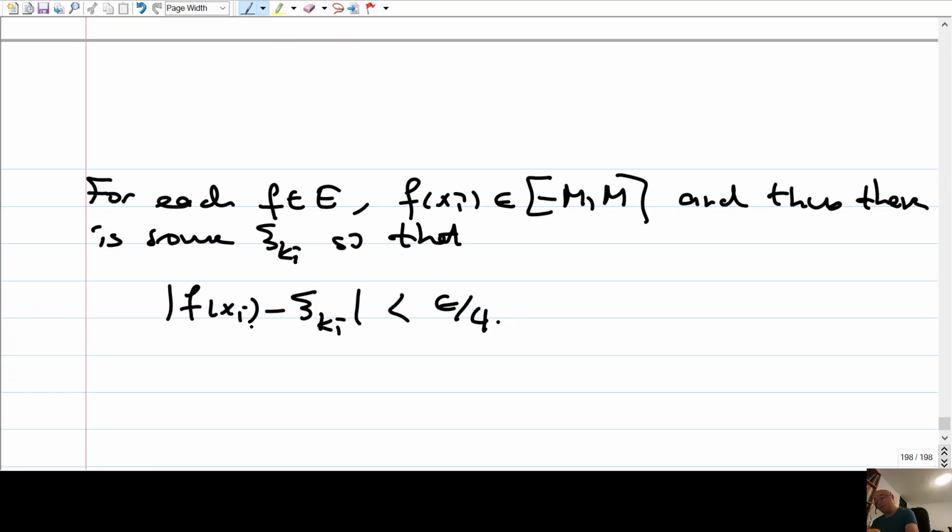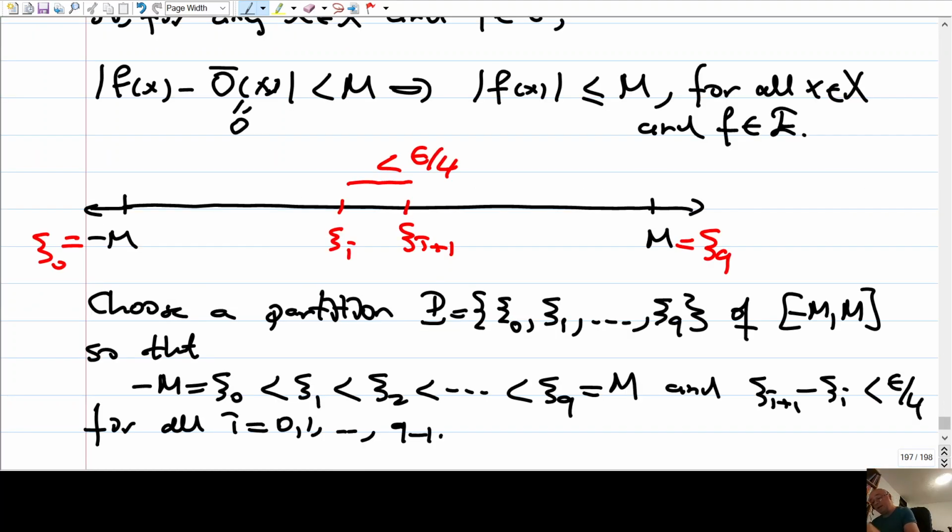Because this number f of xi is here, so it will be either here or here, but it will be between two consecutive ones.